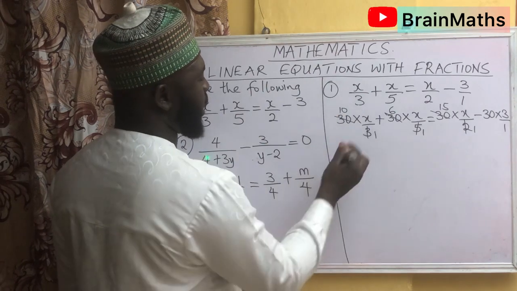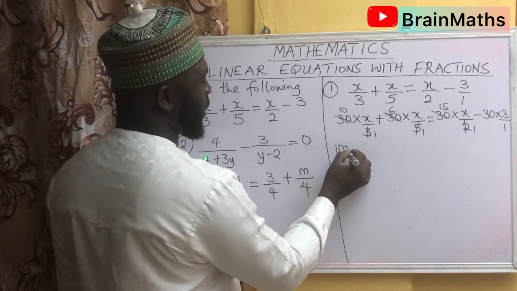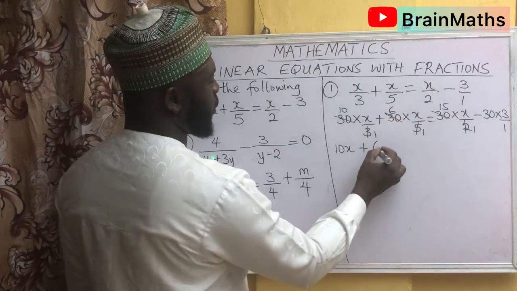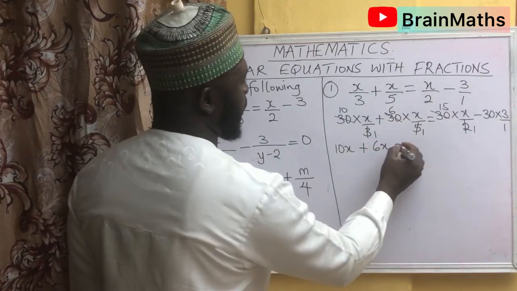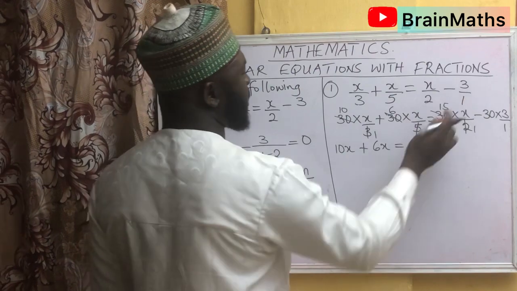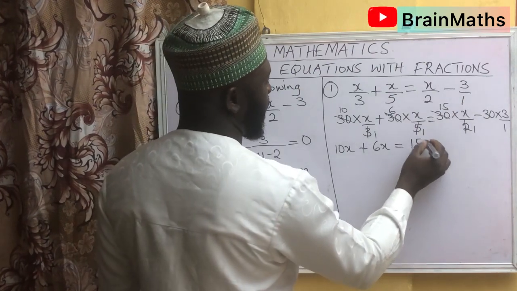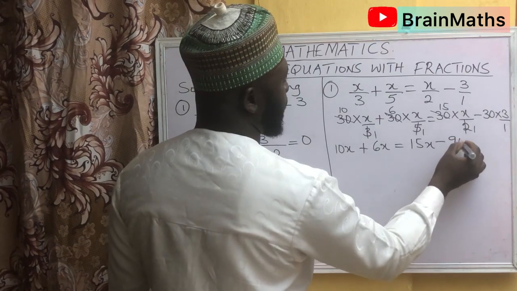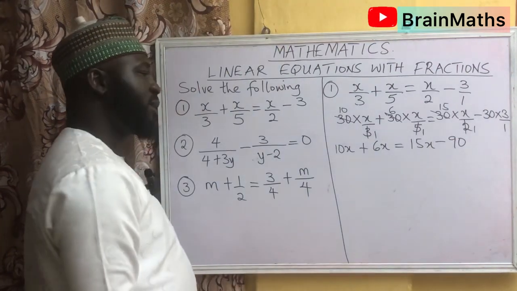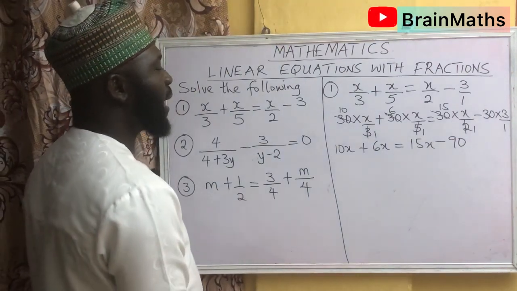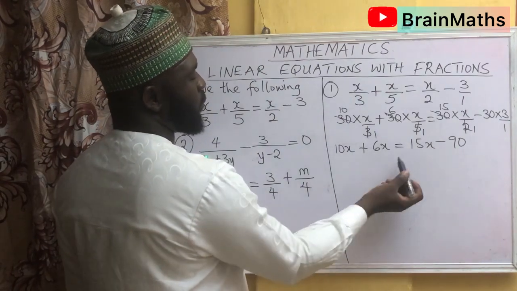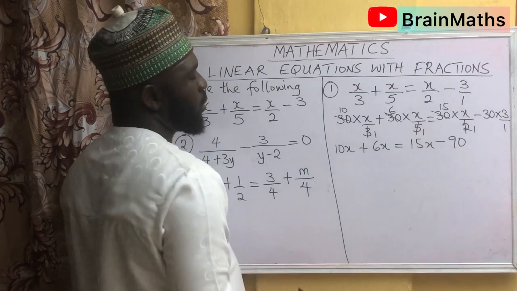So 10 times x will give 10x plus 6 times x will give 6x equals 15 times x will give 15x minus 30 times 3, that will give 90. The next thing we are doing now is to collect like terms, and that is by bringing this positive 15x to this side.